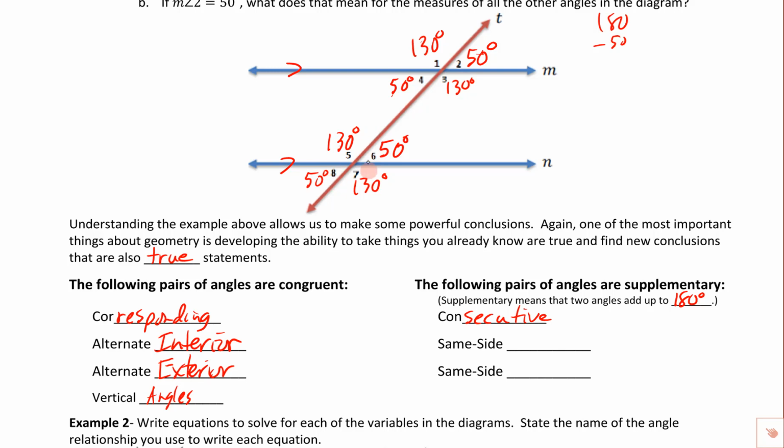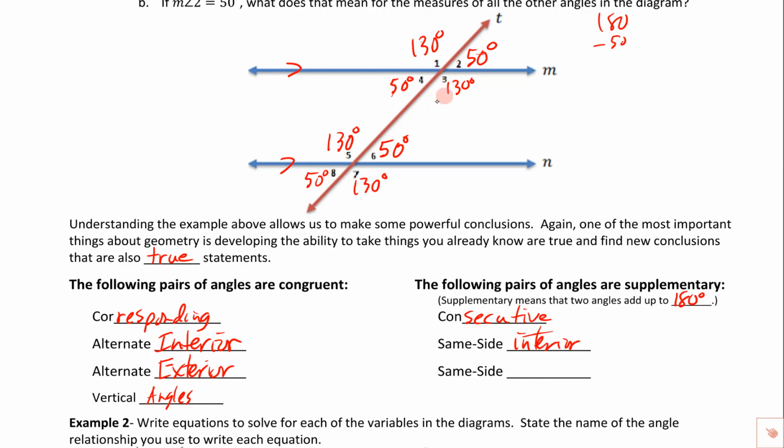Now the same thing would be true down here, but take a look at this. 3 and 6 are next to each other, that's 130 and 50. 4 and 5 are next to each other, so that's 130 and 50. So as long as they're consecutive, as long as they're next to each other, then they would be supplementary. We also have same side interior.